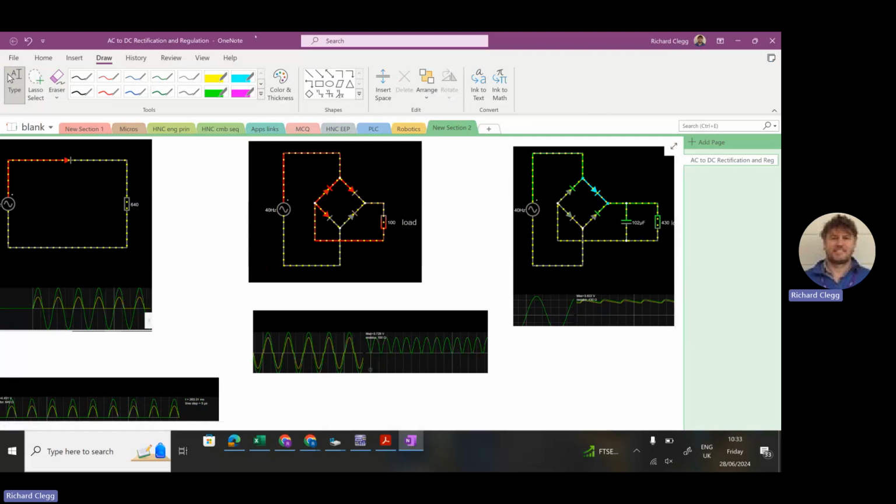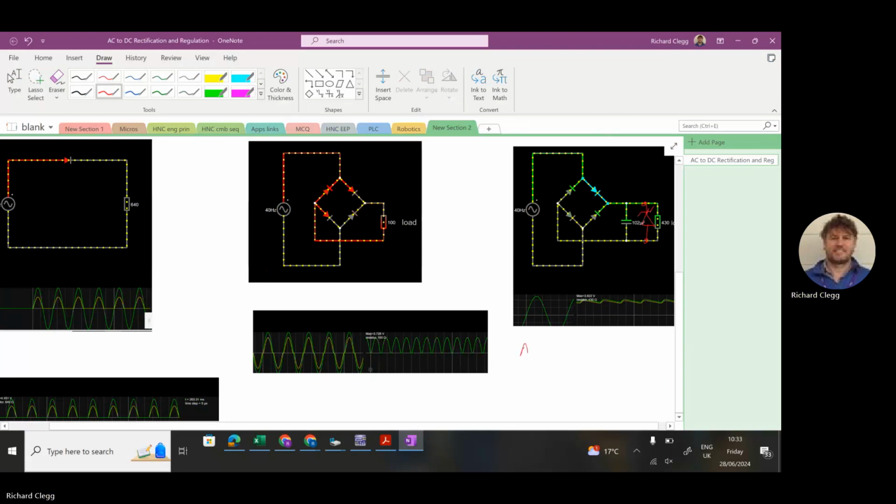So what I would do is I would add in a Zener diode in here, and this is reverse bias.